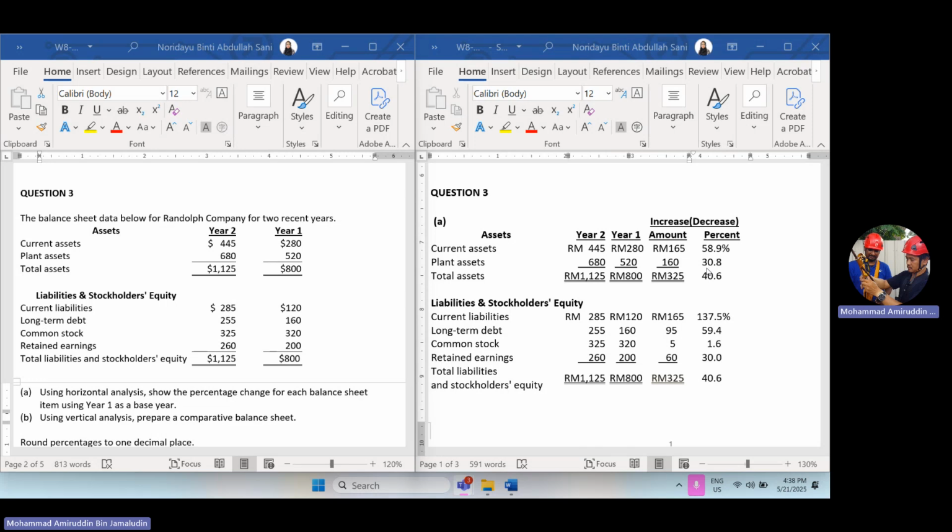As you can see, their current asset goes up. What could be the reason? Normally, an increase in stock, inventory. They produce goods and they have a lot of closing inventory.